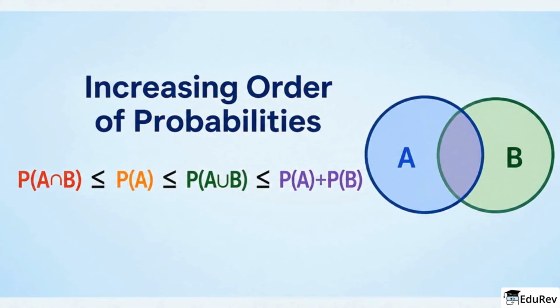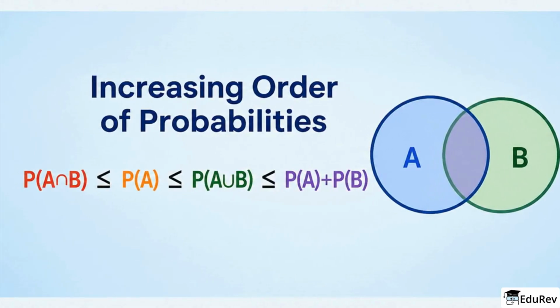Question number 6 asks to order P(A and B), P(A), P(A or B), and P(A) plus P(B) in increasing order. So we note P(A and B) is less than or equal to P(A), less than or equal to P(A or B), less than or equal to P(A) plus P(B).